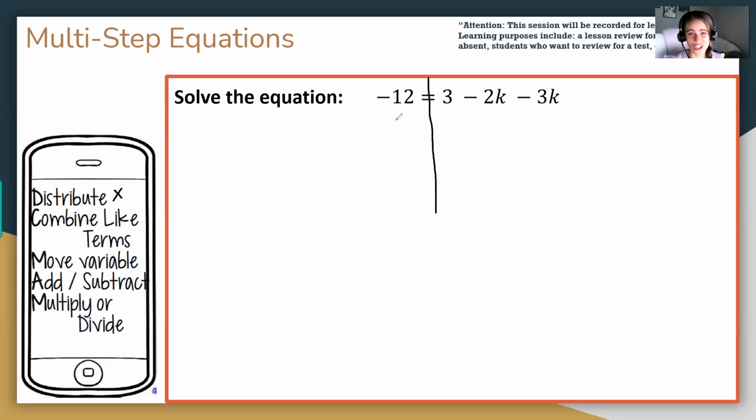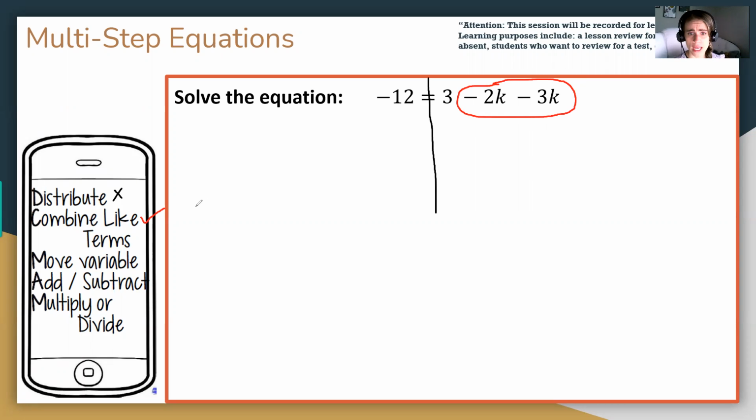Is there anything else on that side of the equation that I could combine? No. Now I'm going to look at the right. We have 3 minus 2k minus 3k. Do we have any like terms there? Yeah, we do. We have a minus 2k and a minus 3k. So that means I do need to combine like terms.